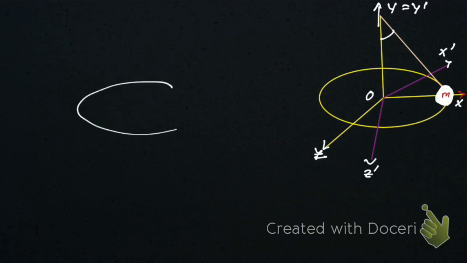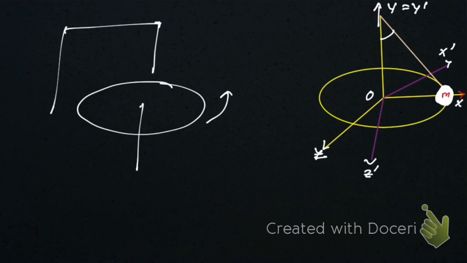Suppose you have a table, and it can be turned, right? A turning table, and here you have a stand, and this is a pendulum, a simple pendulum. It can oscillate this way, and this table can be turned. Now you can imagine the x-axis and y-axis this way.